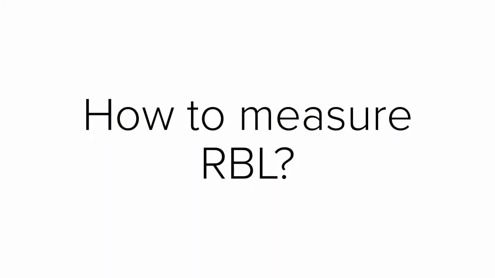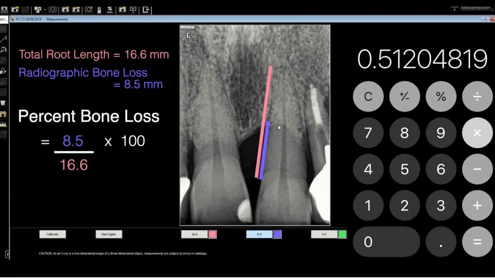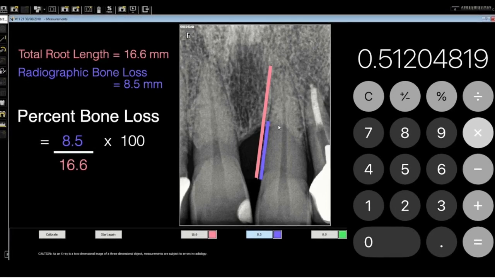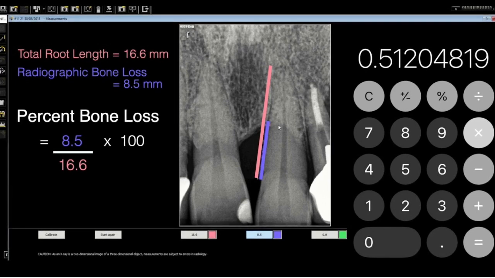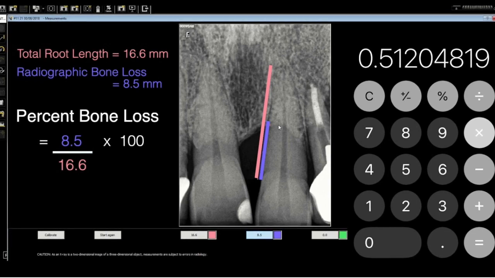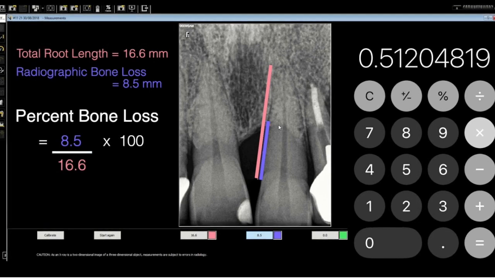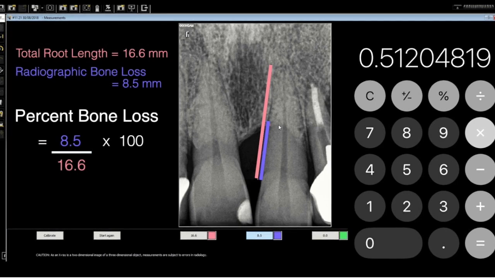Now, in case we do not have a clinical attachment loss, then we go with the radiographic bone loss. The radiographic bone loss can be calculated via 2 X-rays, either the bitewing or the periapical X-ray. As you can see in the picture, this is the periapical X-ray. From the periapical X-ray, you will draw a line and measure it. The purple line is the radiographic bone loss, how much is lost from the bone, and the pink line is the total root length.